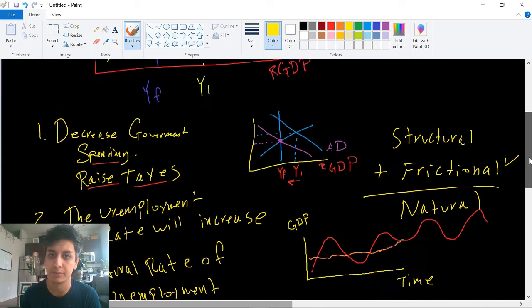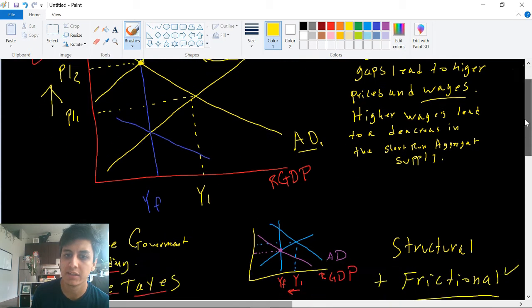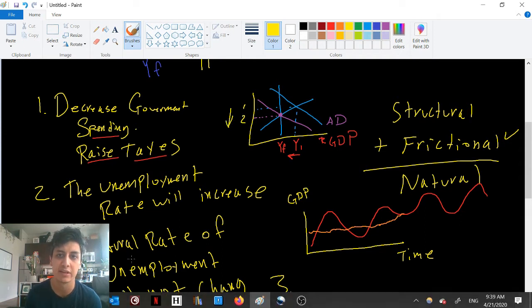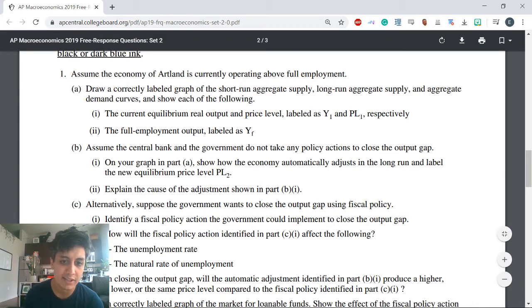Let's go back up to our B1. So in this graph, what happened to the price level? The price level ultimately increased. And in this fiscal policy, the price level, right, if that's 1 and that's 2, the price level ultimately decreased. So B1 has the higher price level, so it says produce a higher, lower, or the same price level.